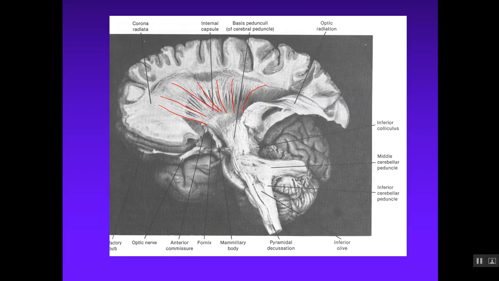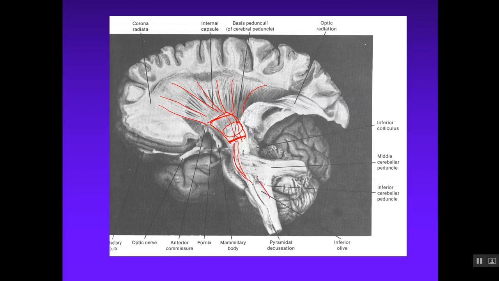And so here you can see this section right here to here. This is the internal capsule, and just beneath that is the thalamus. The thalamus would be sitting right in here. The basal ganglia are just more lateral, and they've removed them, so we're just seeing the internal capsule as it runs down. And then the fibers that run down the front are going to be your motor fibers.